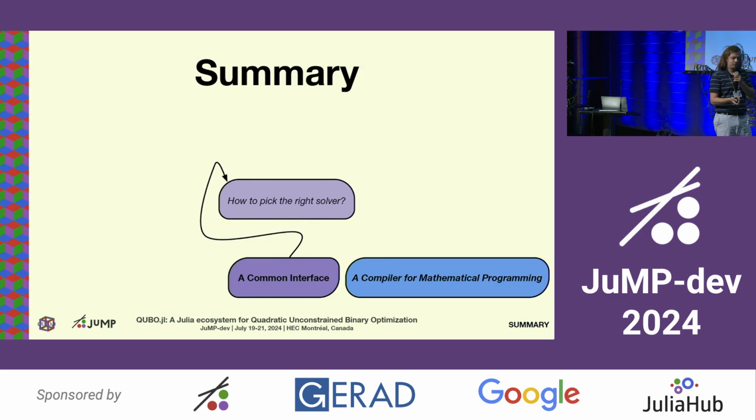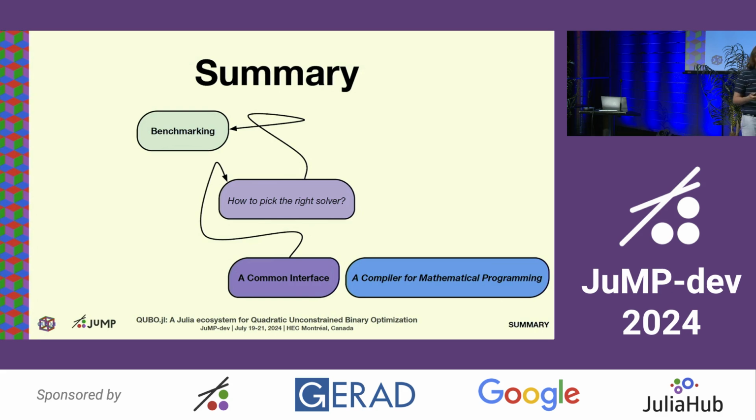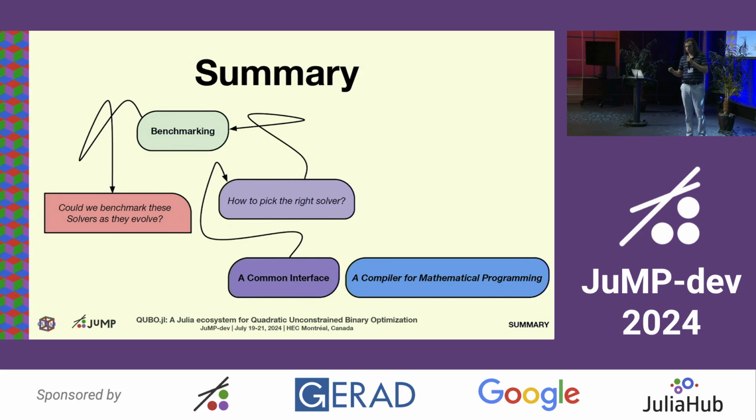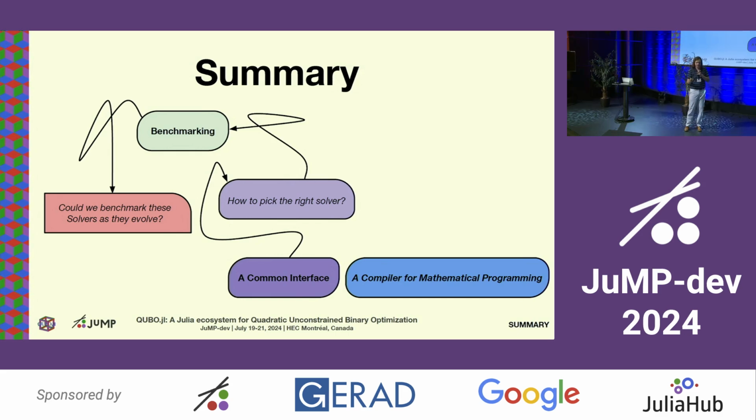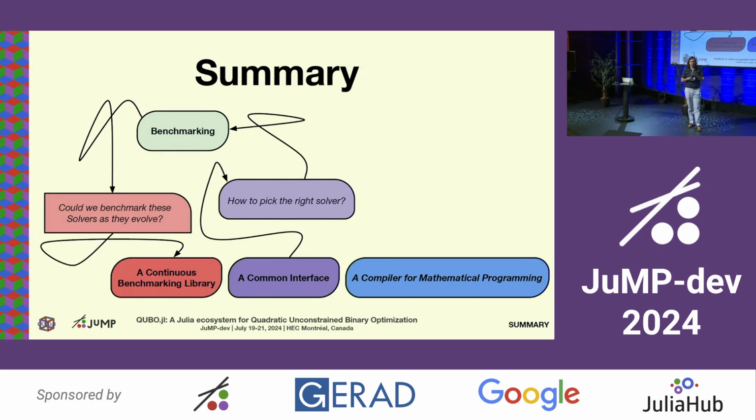After you have a common interface and you can connect to the solver, you want to pick the right solver, and this brings us to some benchmarking ideas. Also, we want to see how these things evolve, because technologies change and new solvers appear. We want to keep track of this very dynamic environment, and then we need a benchmarking library.